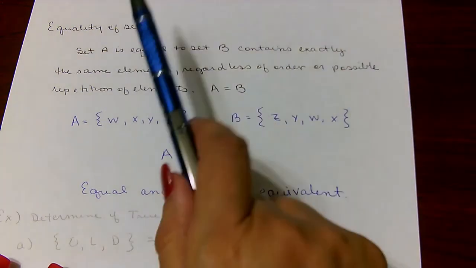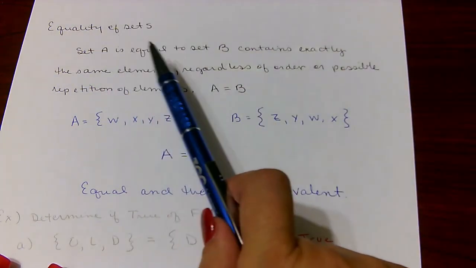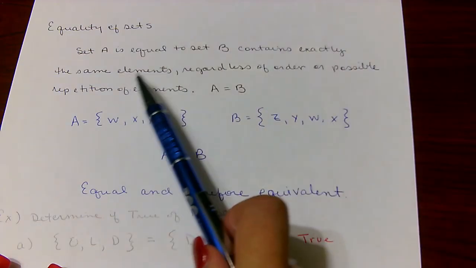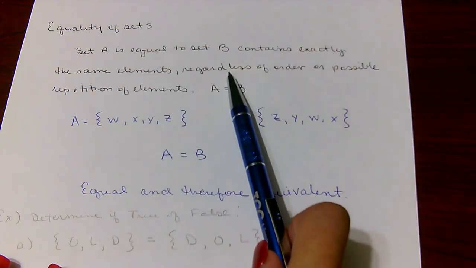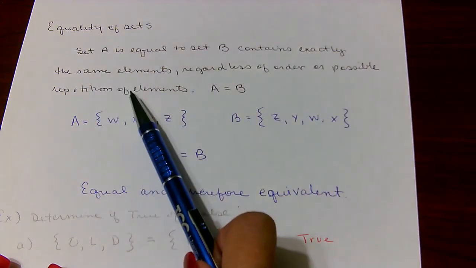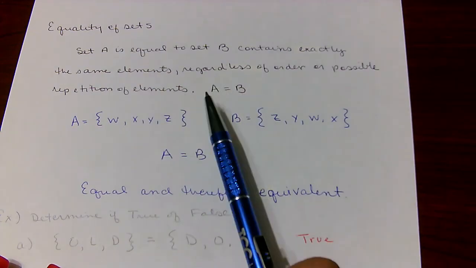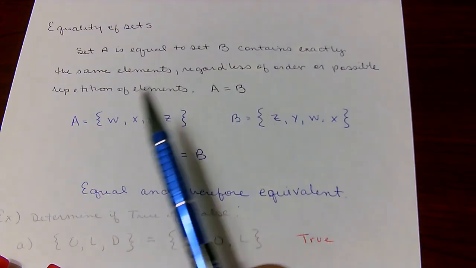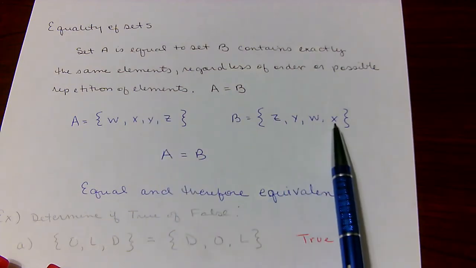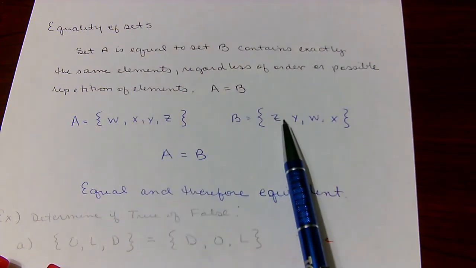Equality of sets, okay? Set A is equal to set B if it contains exactly the same elements, regardless of the order or the possible repetition of elements. Set A equals set B if the number of elements are the same and each element is the same.